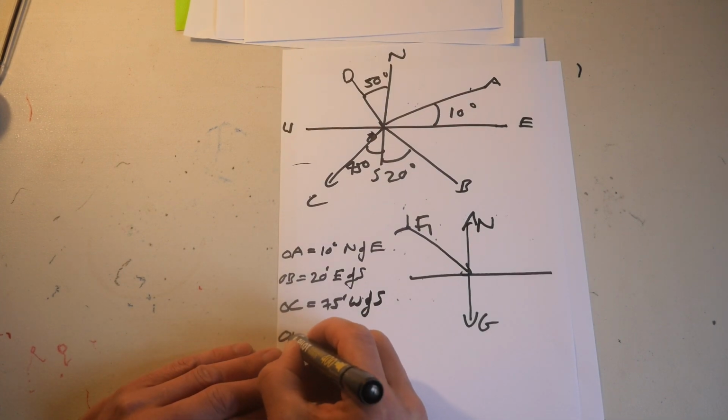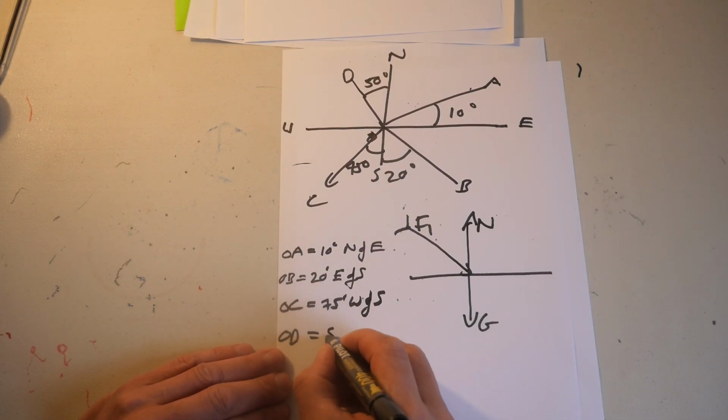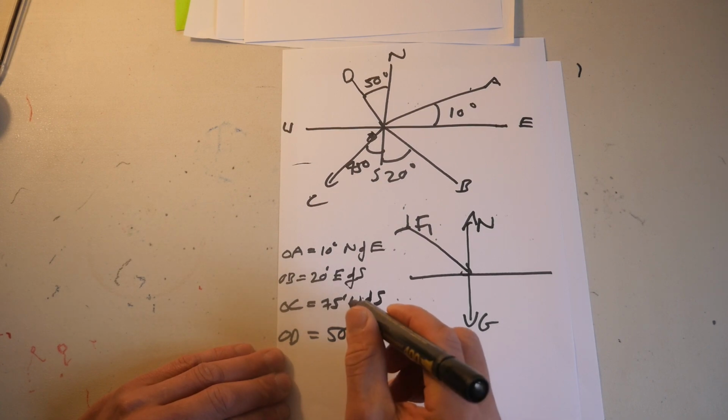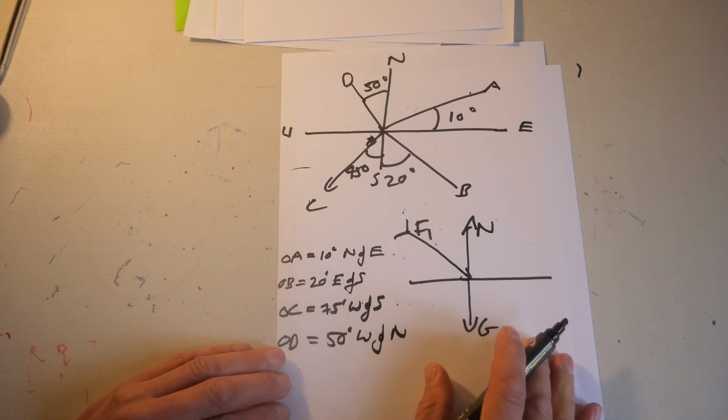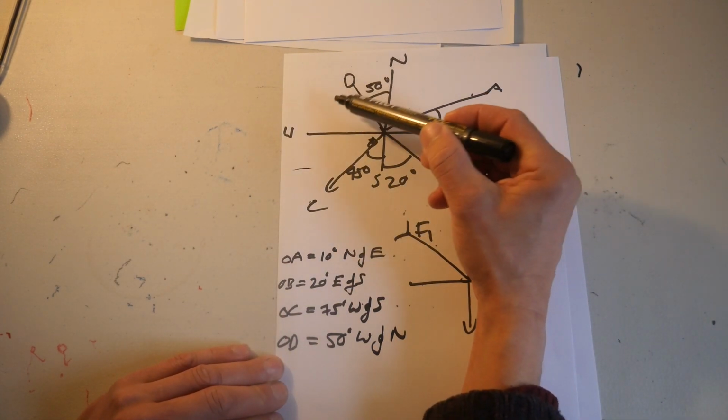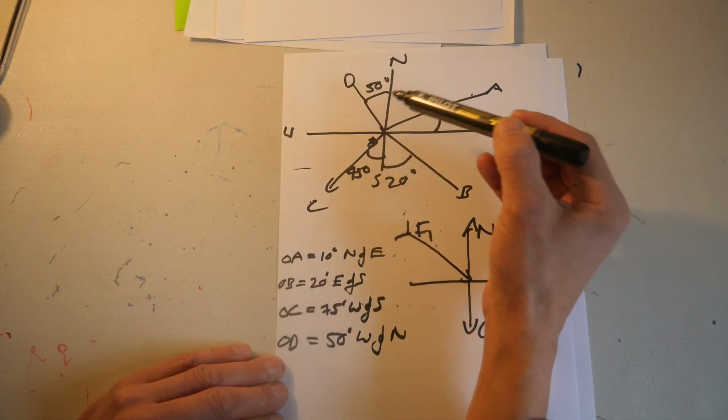And OD equals 50 degrees west of north, okay? Hope you follow that.